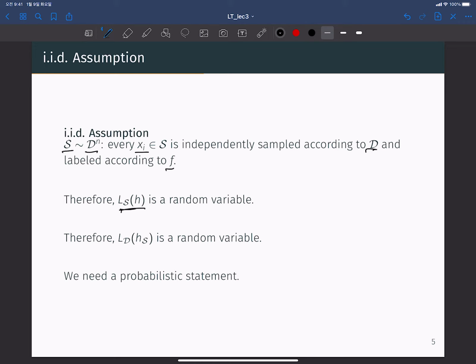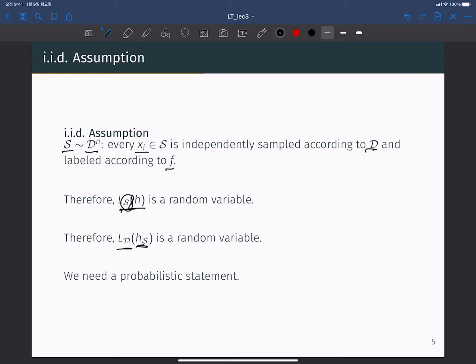Even if you fix a hypothesis h, because the training set is random, because we randomly sample every single data point, L_S, the empirical risk value of a given hypothesis, is a random variable. Since every L_S(h) is a random variable, hS is also a random variable. Depending on which training data points we have, hS can differ, right?